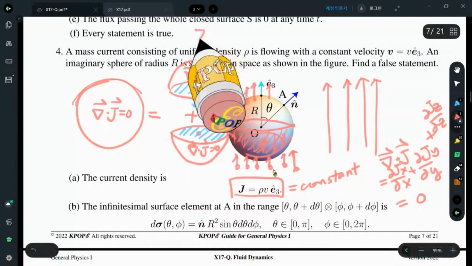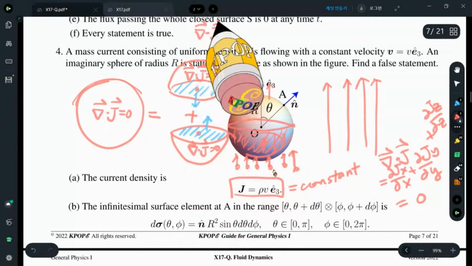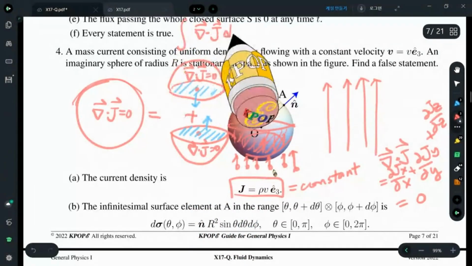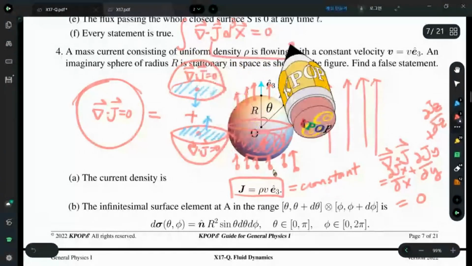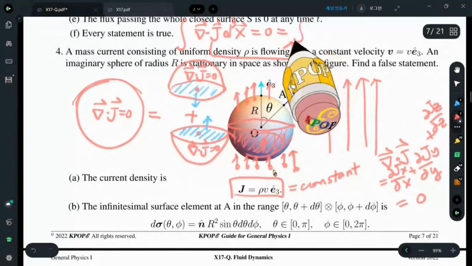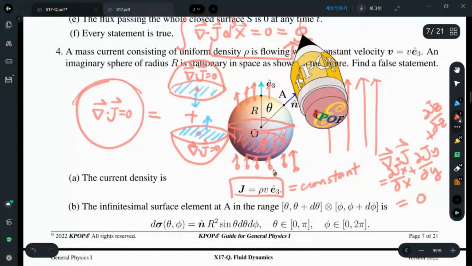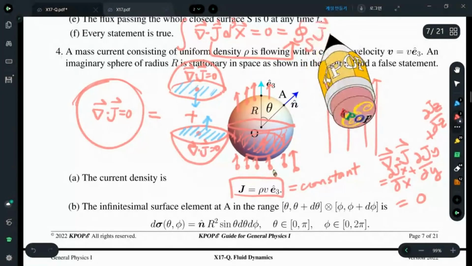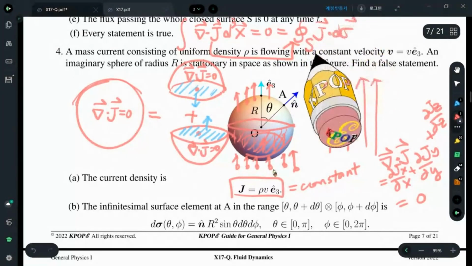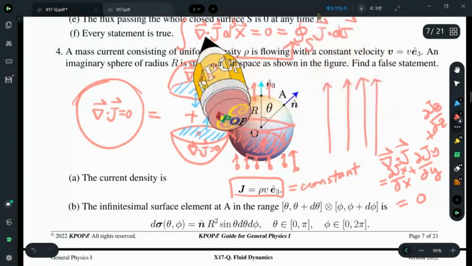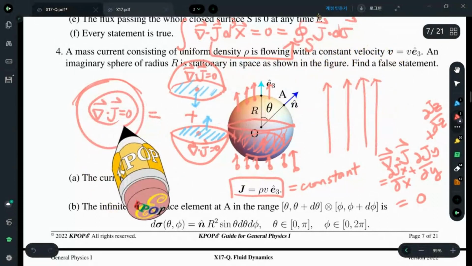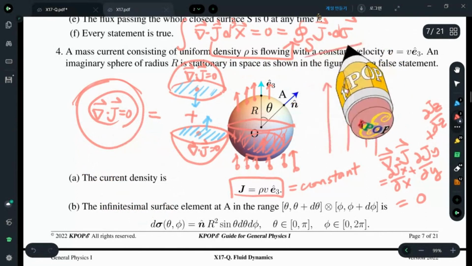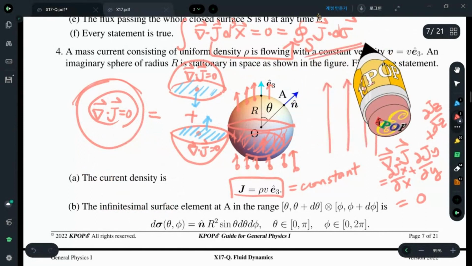What happens if divergence J equals 0? Its volume integral must be 0. However, the divergence theorem states that over a closed surface, flux should be the same as this integral. However, divergence J equals 0, so this surface integral is 0.